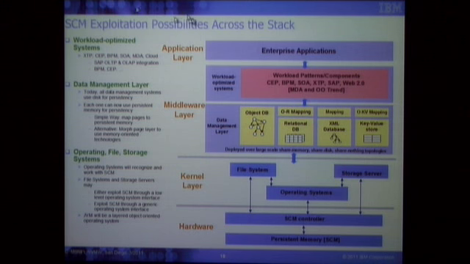So it could start all the way from the bottom over here, going to the kernel, where you might benefit from SCM for the purpose of paging, as I said before, or as you have heard from references being made to the work by the Microsoft guys in SOSP 2009, which had to do with a newly designed file system that's intended to let you make use of PCM as the storage medium rather than disk.